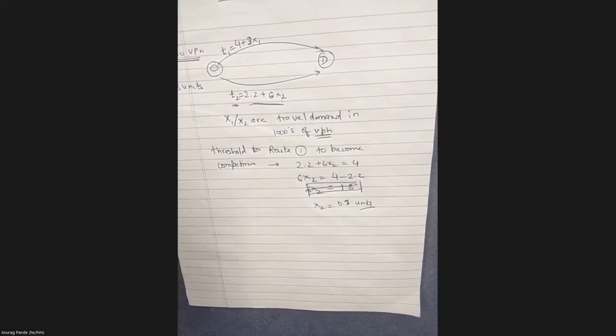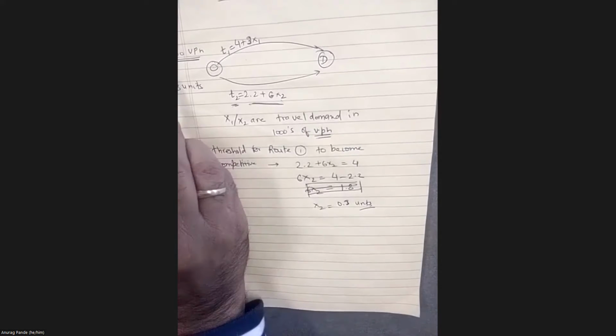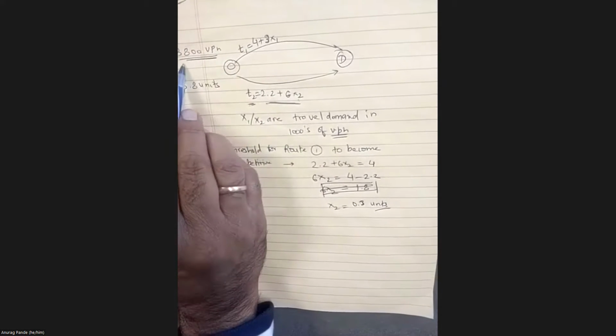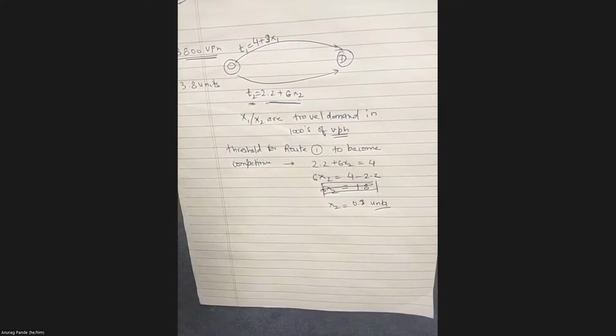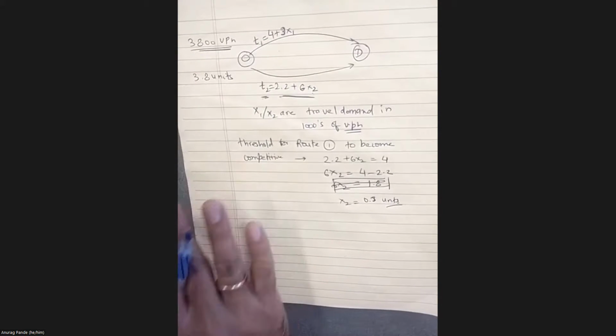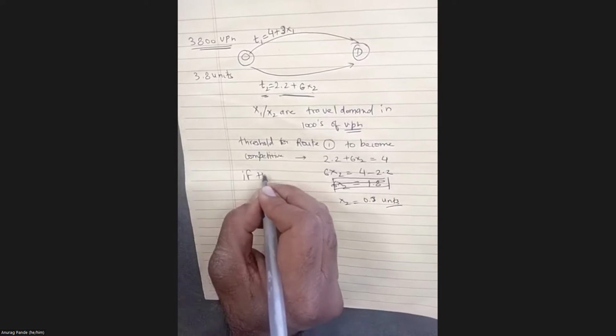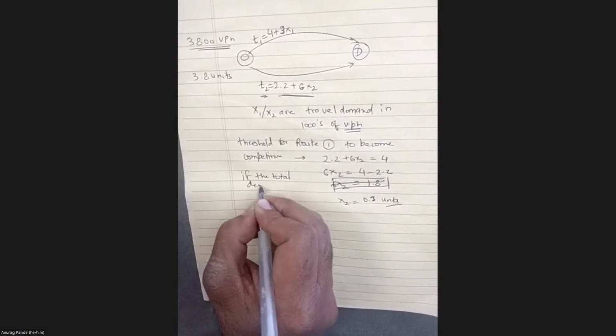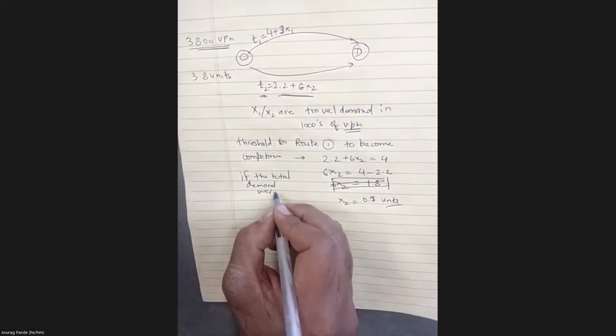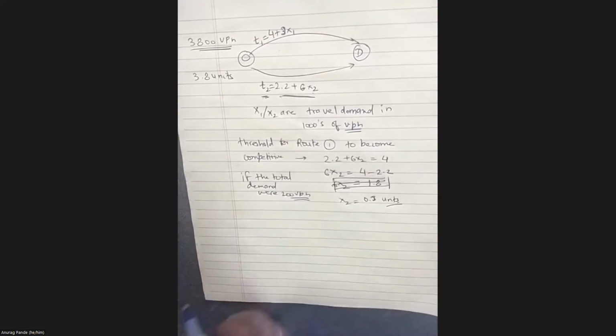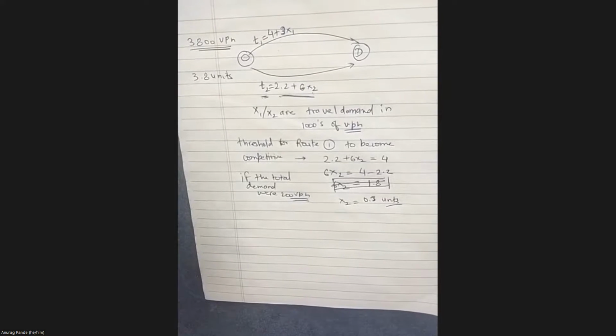what will be your answer? If somebody asked you, if the total demand, instead of being 3,800 that I defined at the beginning of the problem, was only 200 vehicles per hour, what would your answer be for the user equilibrium flows on each of the routes?